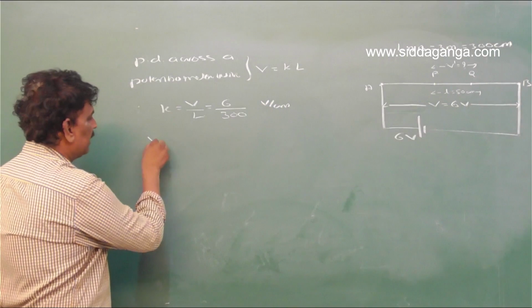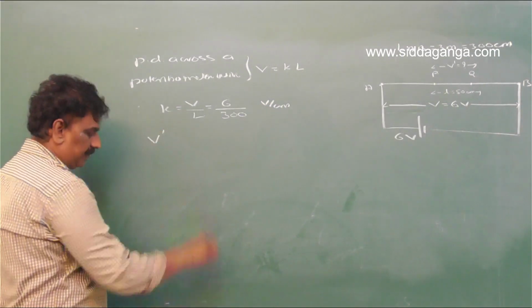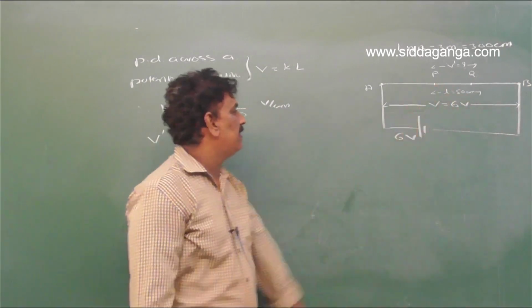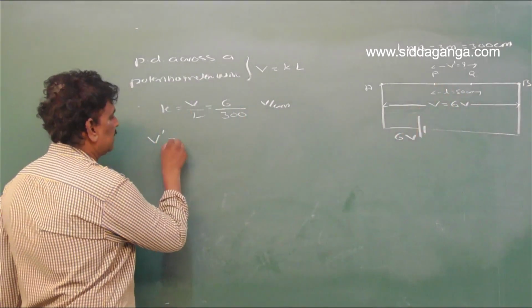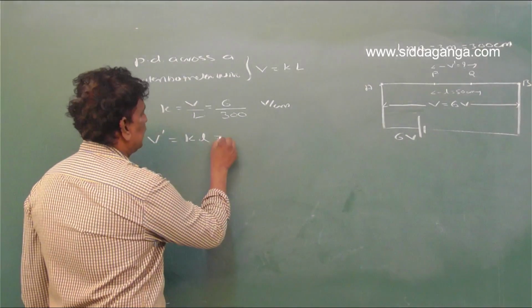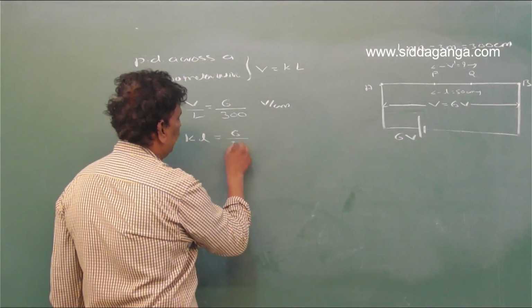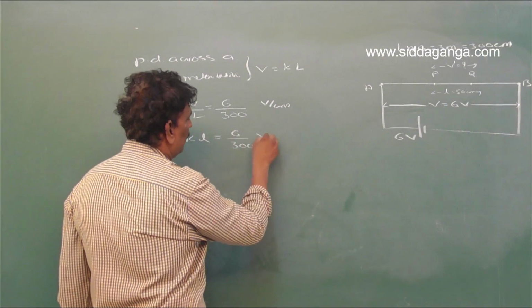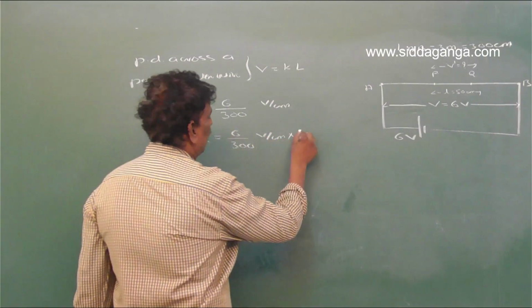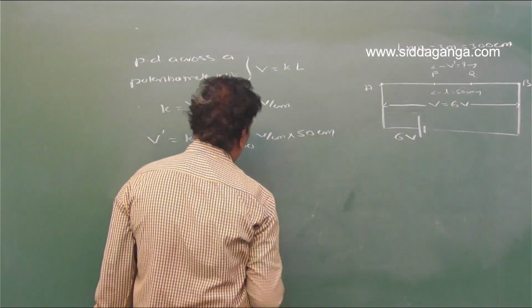Now the potential difference across the points P and Q having a length 50 centimeter, that is V dash is equal to K into small l, that is 6 by 300 volt per centimeter into 50 centimeter.